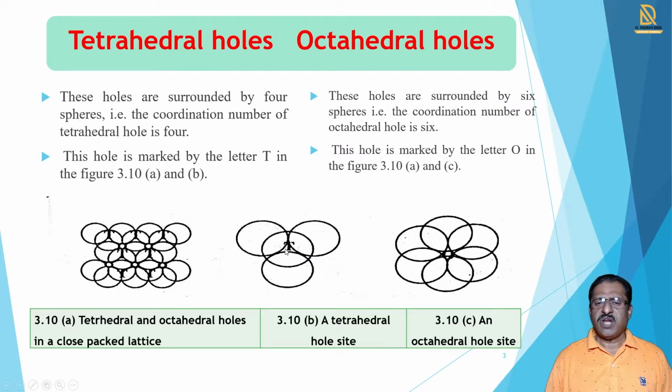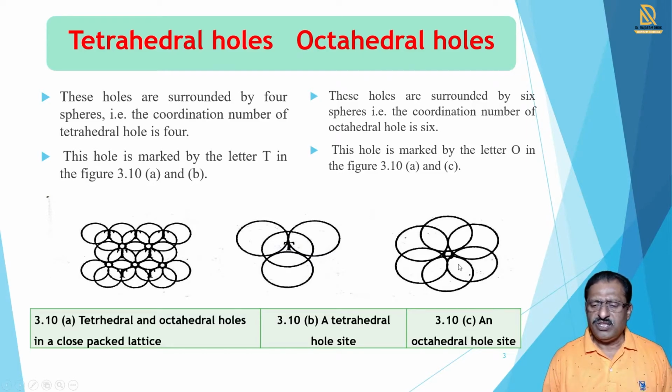Now, in the case of the octahedral hole, these holes are surrounded by 6 spheres. When we arrange the ions in the crystal lattice, first 3 ions are placed in one line, then the other ions are kept in between the 2 ions. In the second layer, an ion is placed in between 2 ions, again the second ion is in between 2 ions, and the third ion is in between 2 ions.